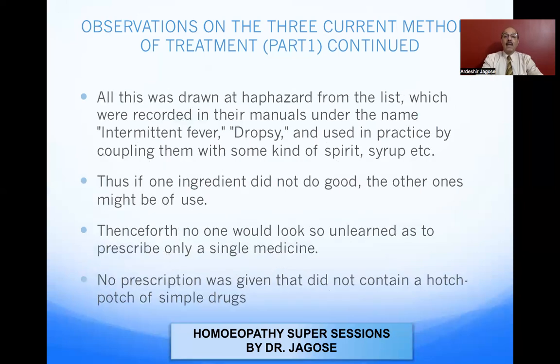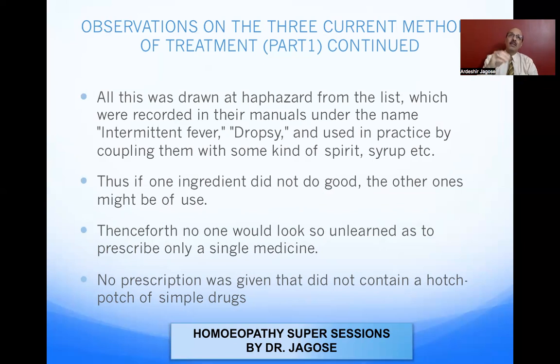All this was drawn at haphazard from the list recorded in the manuals under the name of intermittent fever, dropsy, and used in practice by coupling them with some kind of spirit, syrup, etc. So under the manual of intermittent fever, many fevers were there, and along with that, many drugs were there. All of it was recorded.